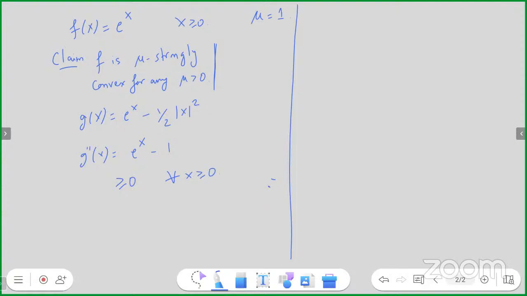We just look at a slowly growing function, x power 2 minus alpha, for some alpha greater than 0. What happens? Is it possible that that function is convex?